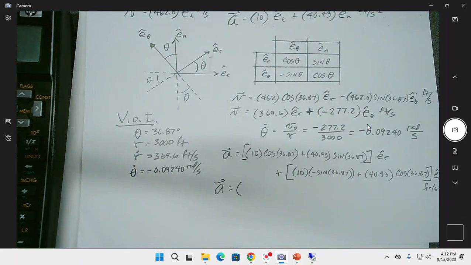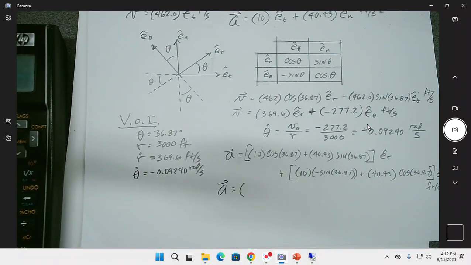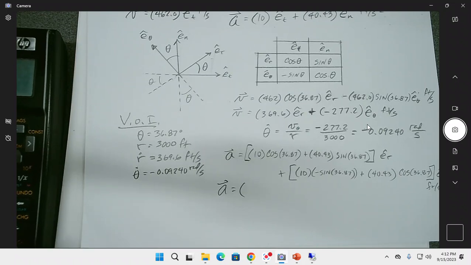Math happens. It's not like shit happens, man. It's math. You're hilarious.